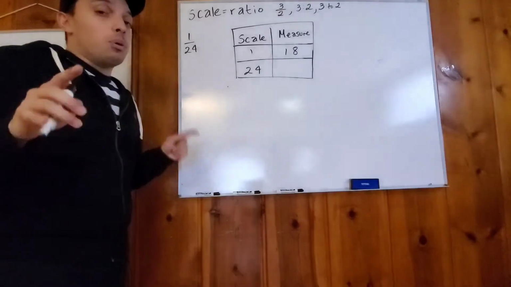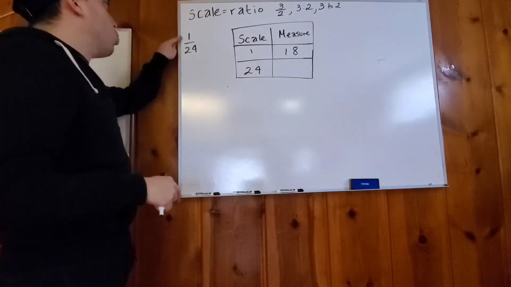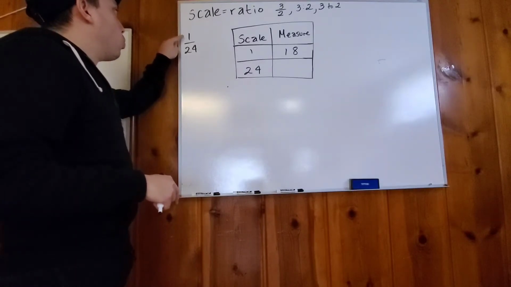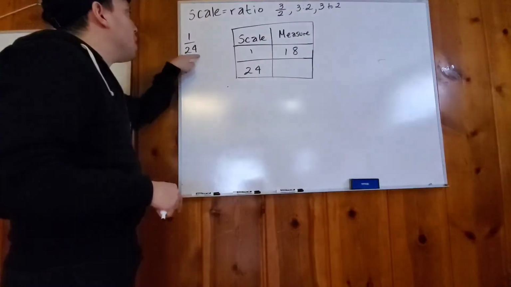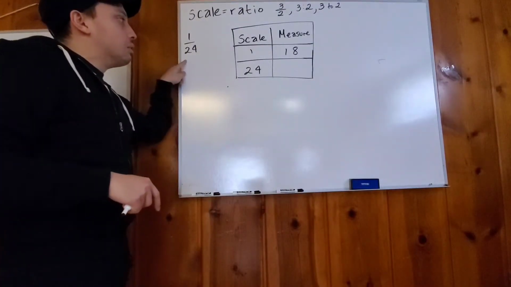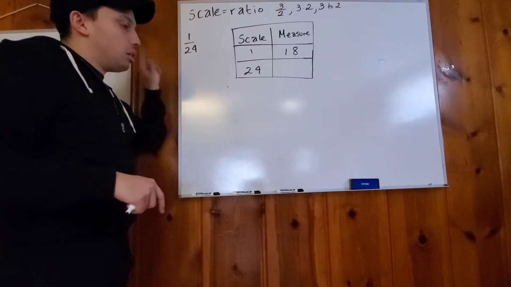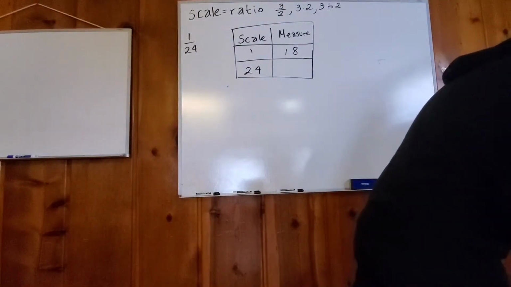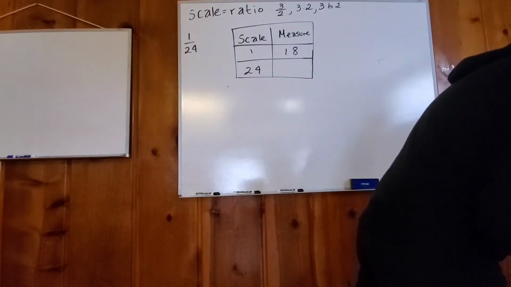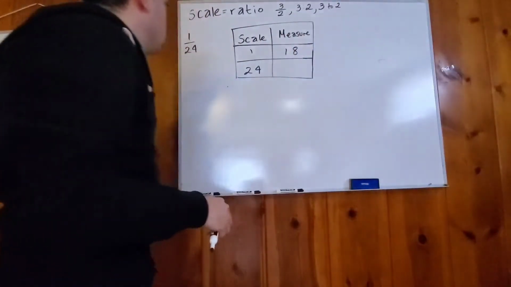So in the first example, we are talking about a model airplane, whose scale is 1 to 24. So what happens is that 1 inch of the model airplane is going to be 24 feet of the airplane, I think it is. I think it's in feet. Let me just check really quickly. Yes, it is actually in feet. So I was correct.